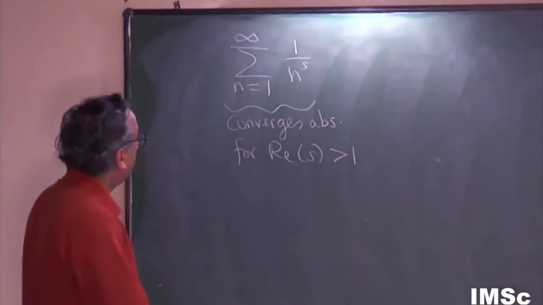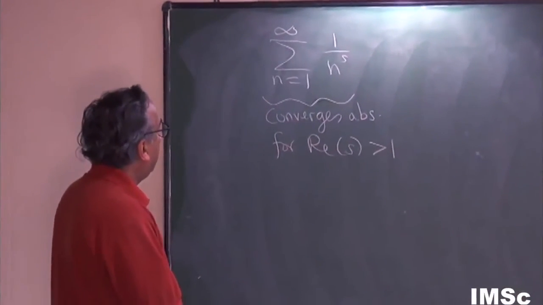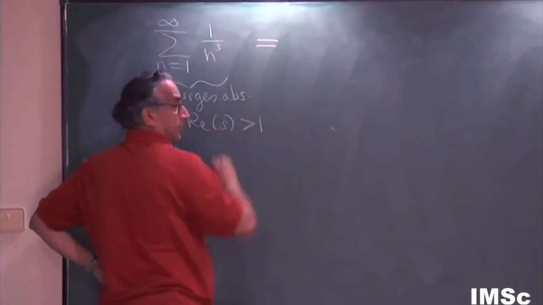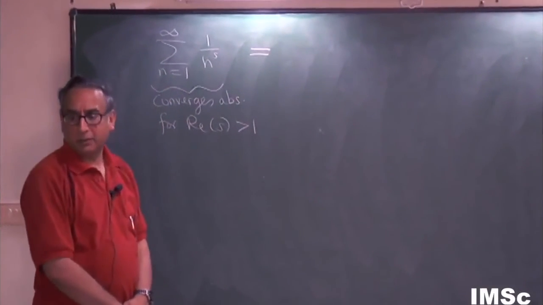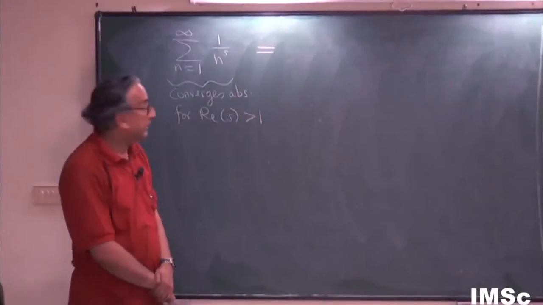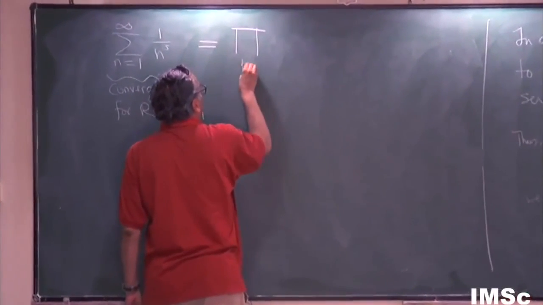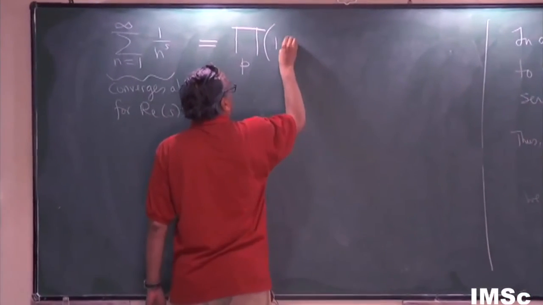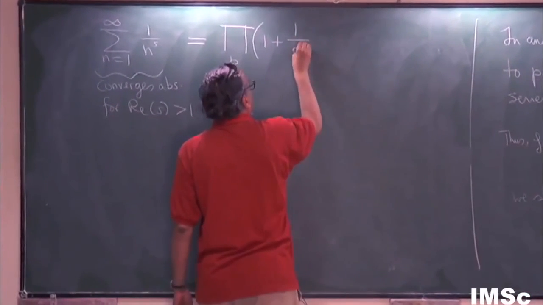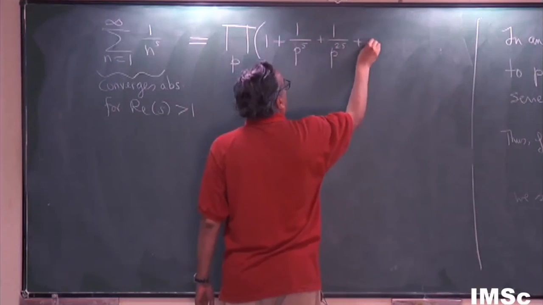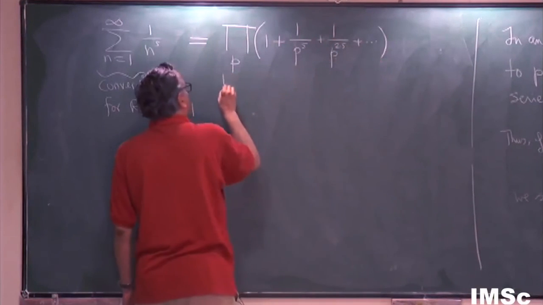Converges absolutely for real part s bigger than 1. And it was Euler who first noticed that the unique factorization theorem, that every natural number can be factored as a product of prime powers uniquely, is tantamount to this equation. I have a product over primes, 1 plus 1 over p to the s, or p to the 2s. So p is prime here, p prime.